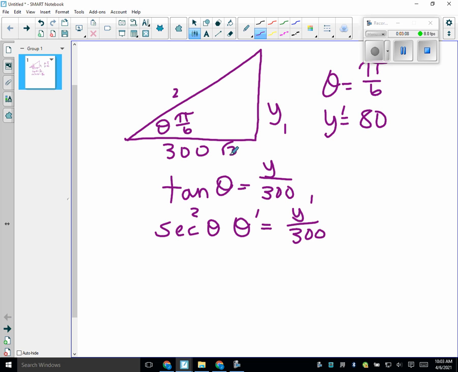So this is 2 over radical 3 squared, theta prime equals 80 over 300. Right? Can we use your calculator on this?